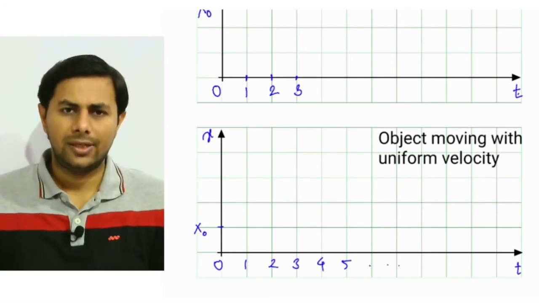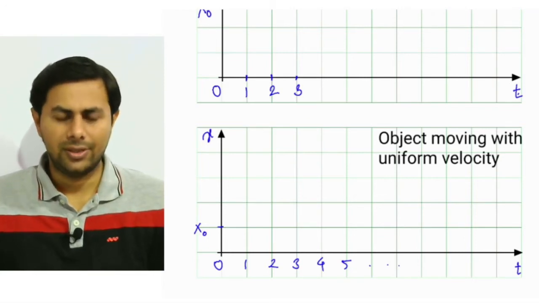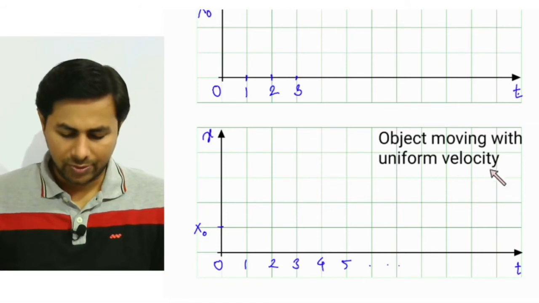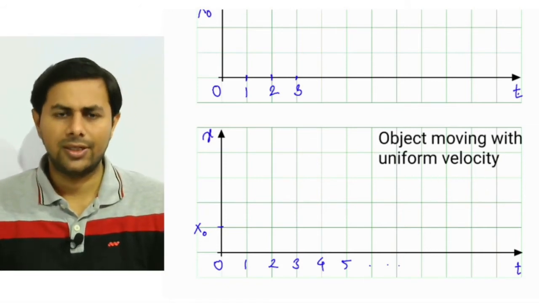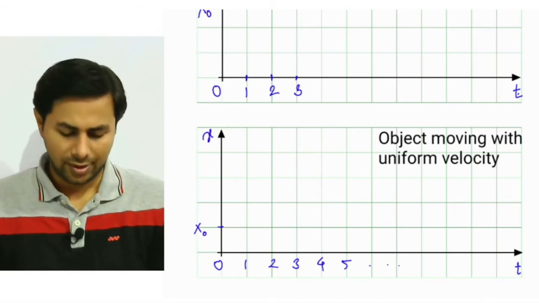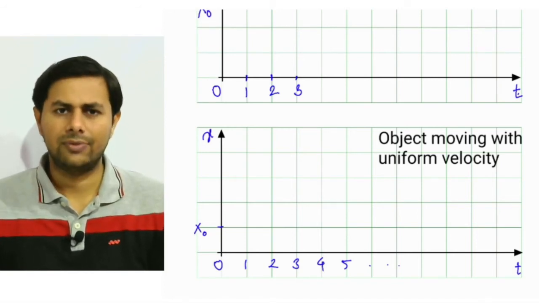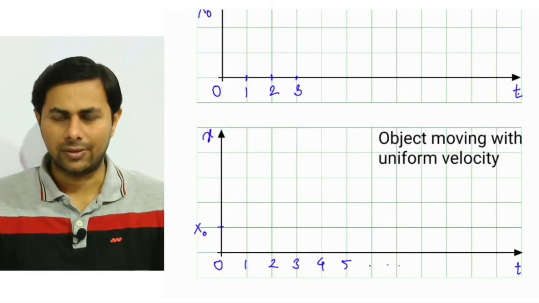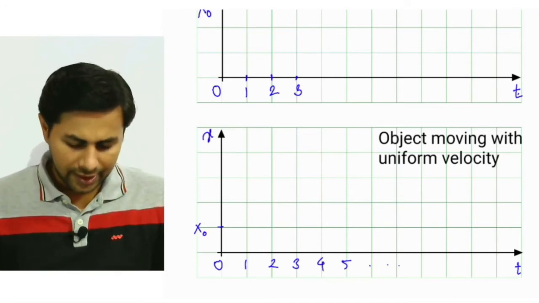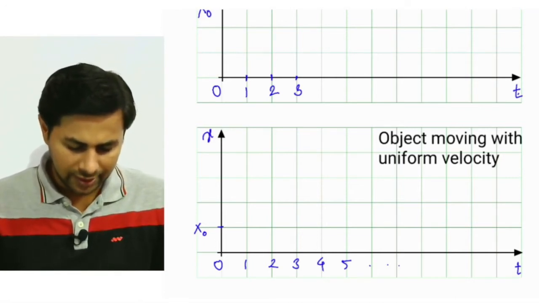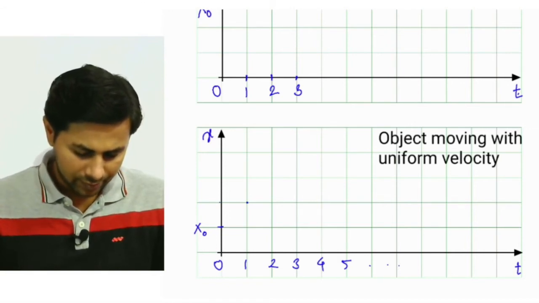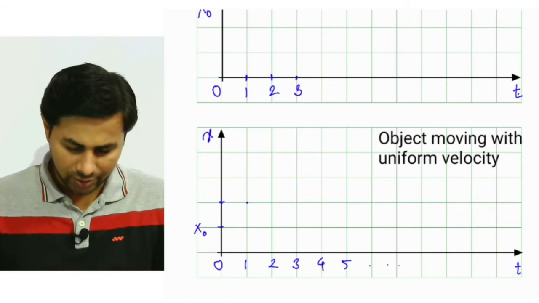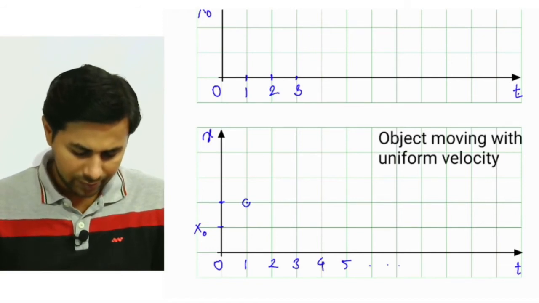For simplicity, let's suppose it is moving with uniform velocity of 1 meter per second. So in 1 second, it will cover a distance equal to 1 meter. So at the end of 1 second, the object will be here. So we get this point.